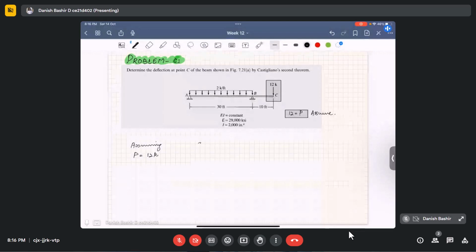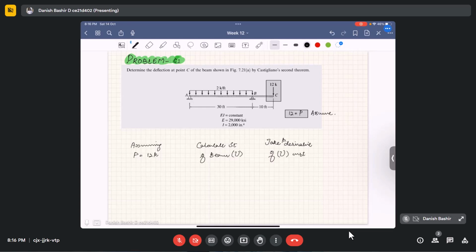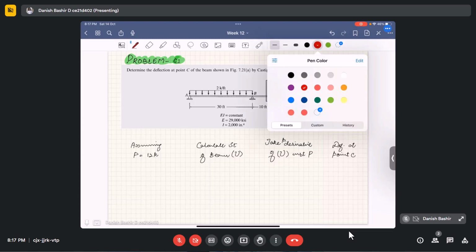Then the second point is calculate the strain energy of the beam. Then take the derivative, and in a more precise sense, this is U, take the partial derivative of U with respect to P, and we will get the deflection at point C. So this is the flow chart that we will be following.